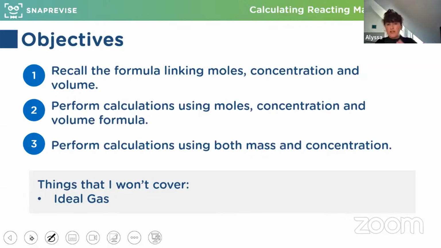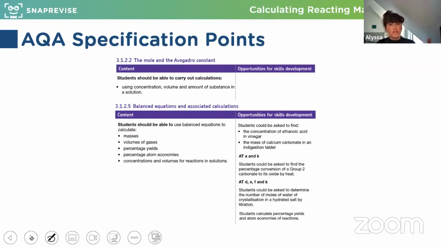Okay, so these web classes are geared for three of the main specifications: AQA, OCR, and Edexcel. So have a look at your specification points, the ones that we're going to cover. If you're not happy with any, let me know and we can chat through it.